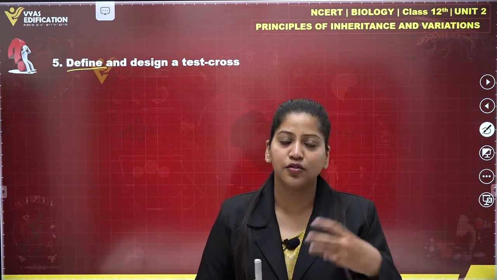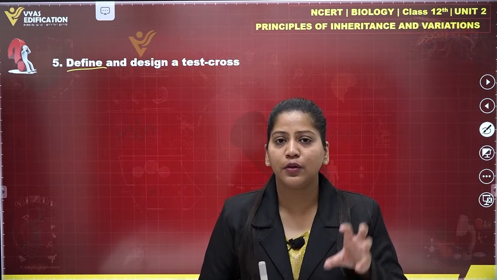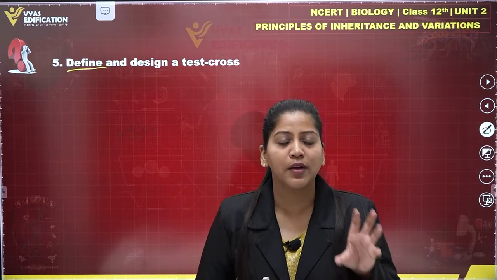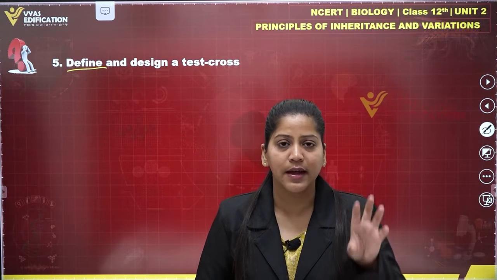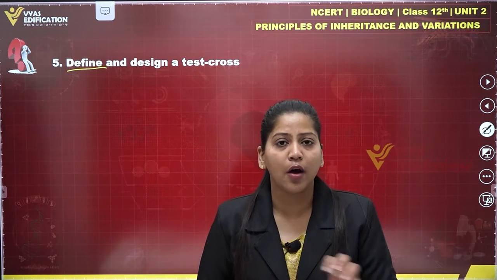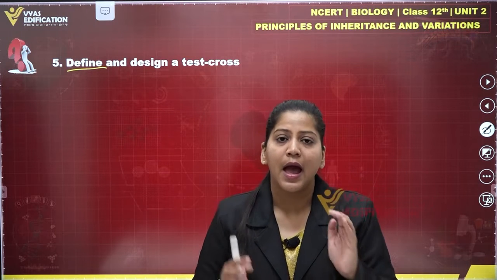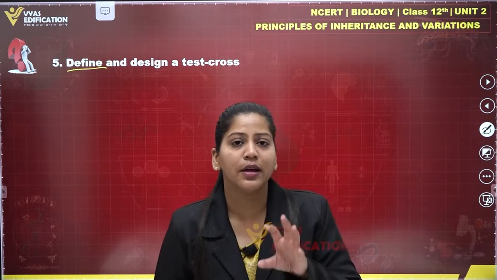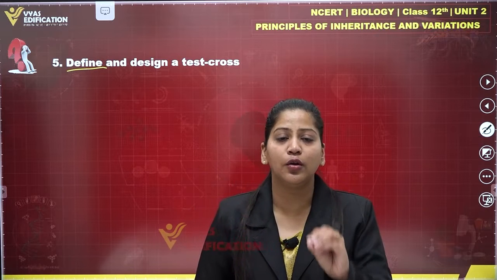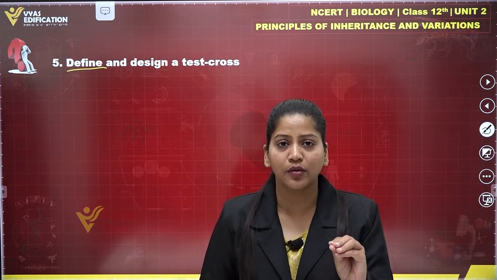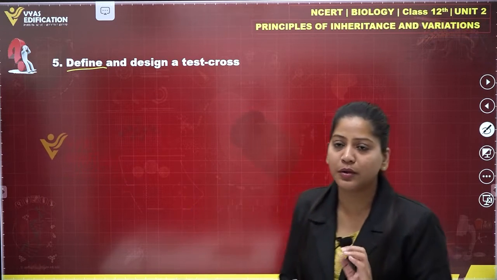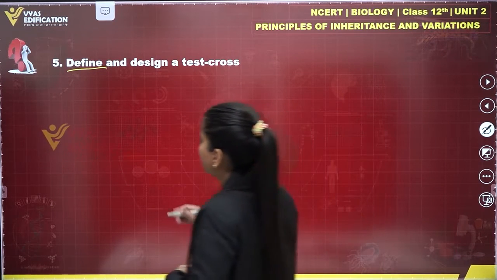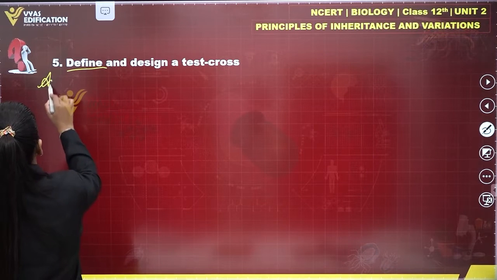If the organism is homozygous and we do a test cross, then all the offspring are the same. And if the genotype of the organism is heterozygous, then half of the offspring will be homozygous and half of the offspring will be heterozygous. So let's talk about question number 5.